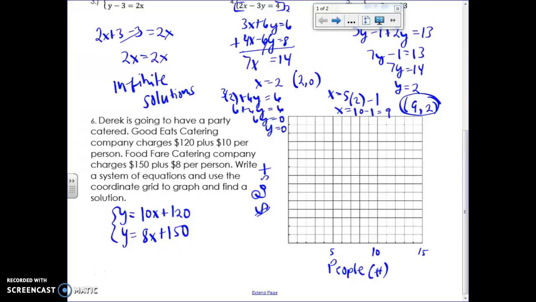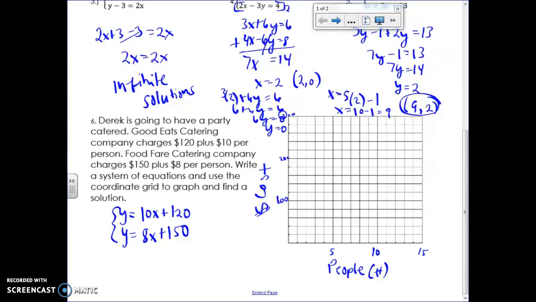Alright, and for these axes, I'm going to go by 20s, so I'm just going to skip a few just to save on space here. So 20, 40, 60, 80, 100, 120, 140, 160, 180, 200, 220, 240, 260, 280, 300.